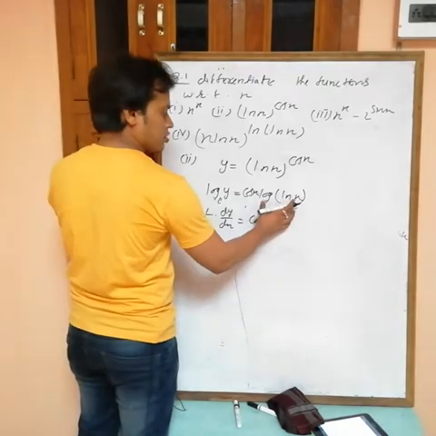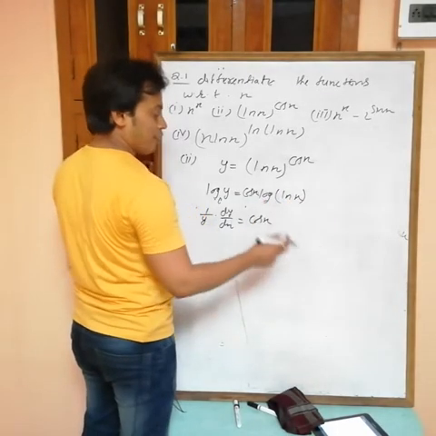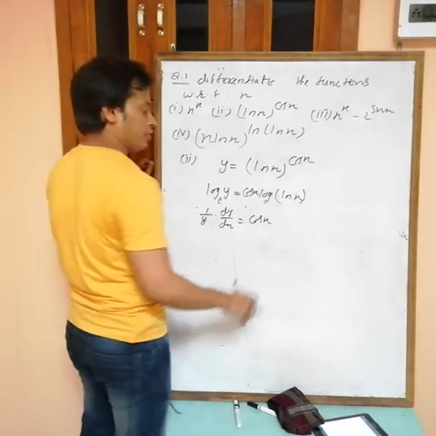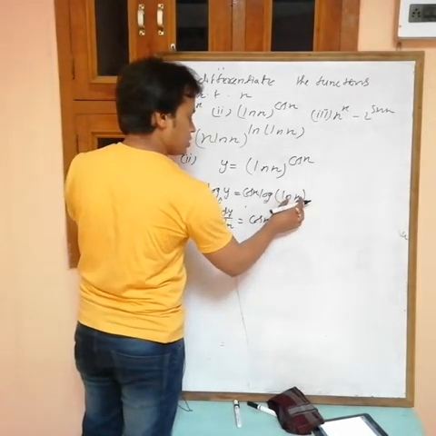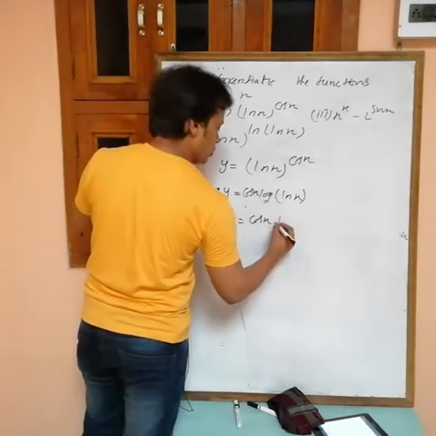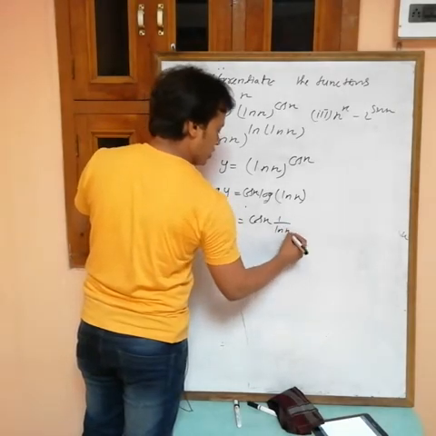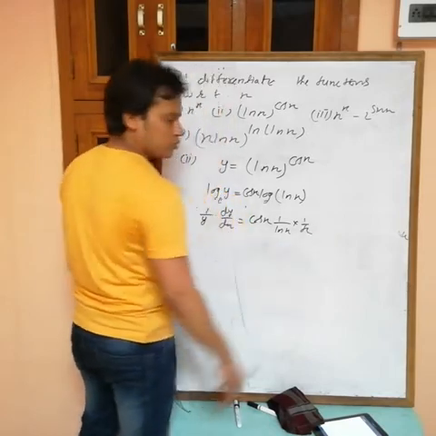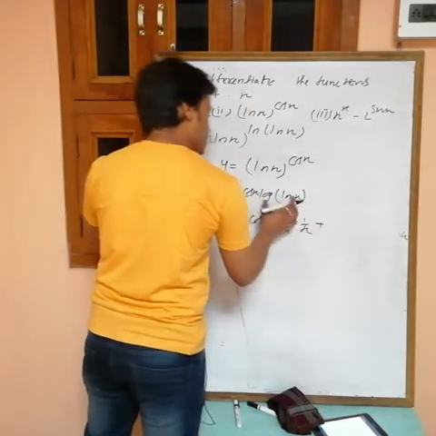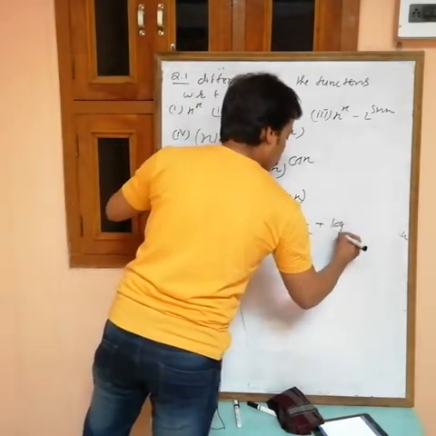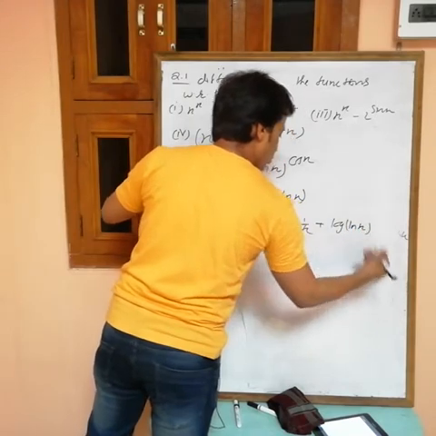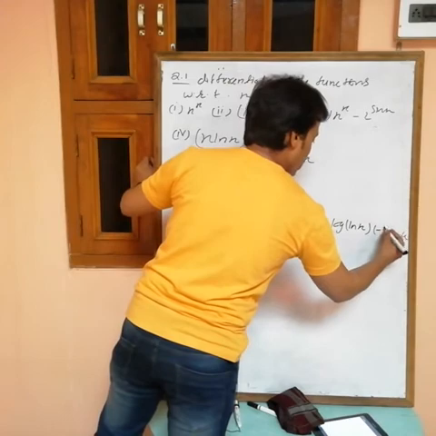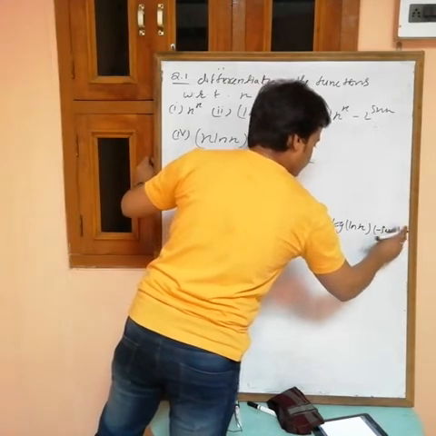We don't know the differentiation of log of ln x, but we know the differentiation of log x, so assuming ln x as the variable, it is 1 by ln x, and then the differentiation of ln x is 1 by x. Now plus, taking this one as constant, log of ln x, and the differentiation of cos x is minus sin x.